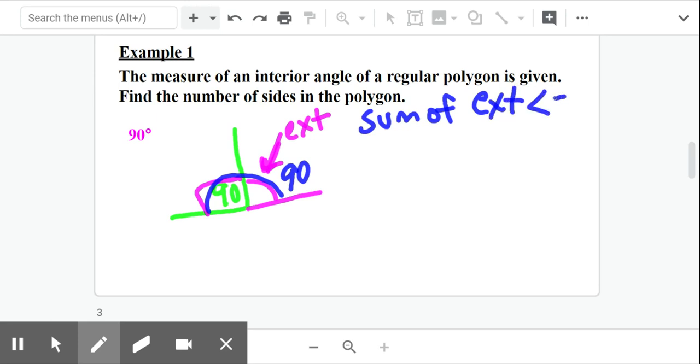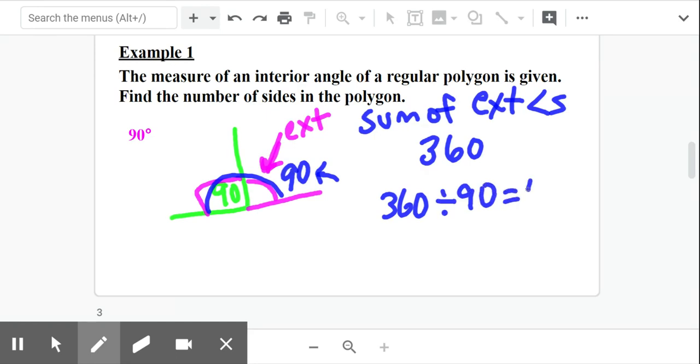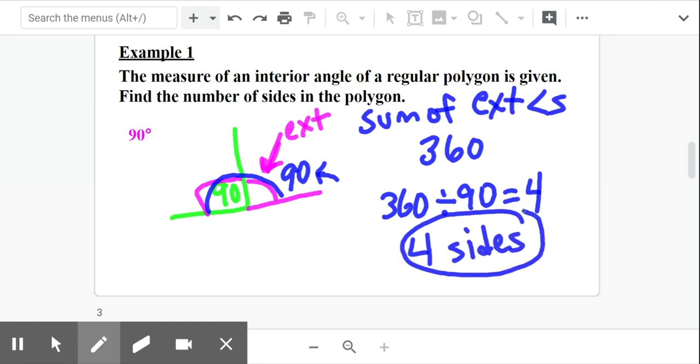The sum of the exterior angles is always 360 degrees. So if each angle is 90 degrees, all I have to do is find out how many exterior angles there are. 360 divided by 90 is 4. And since there's 4 exterior angles, there's also 4 sides. We all know that this is going to be a square, so that's why there are 4 sides.